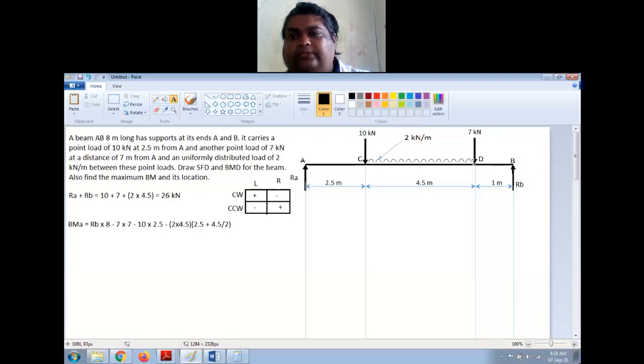UDL is only between C and D, not on the entire beam. The midpoint is 4.5 by 2, and this is 2.5 meters away from C. So 2.5 plus 4.5 by 2. If you multiply this, this will be the bending moment because of the UDL. Are we okay?